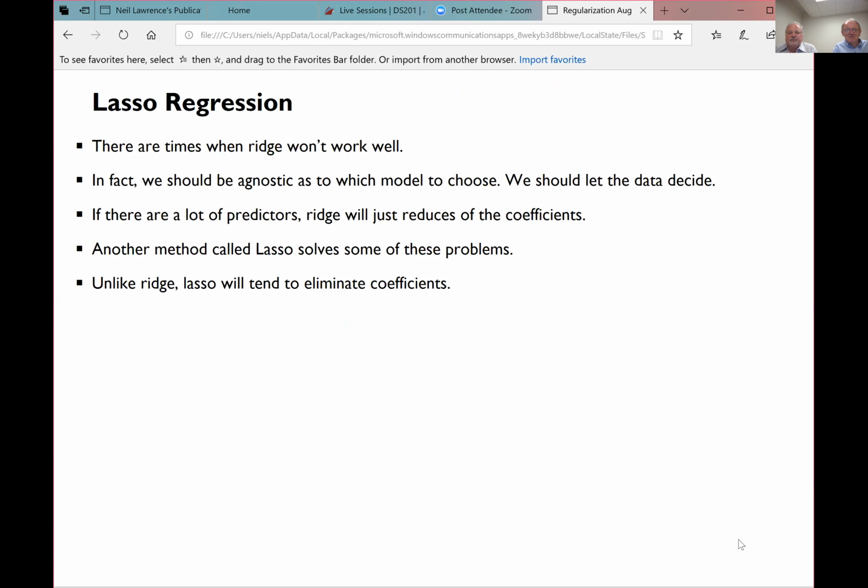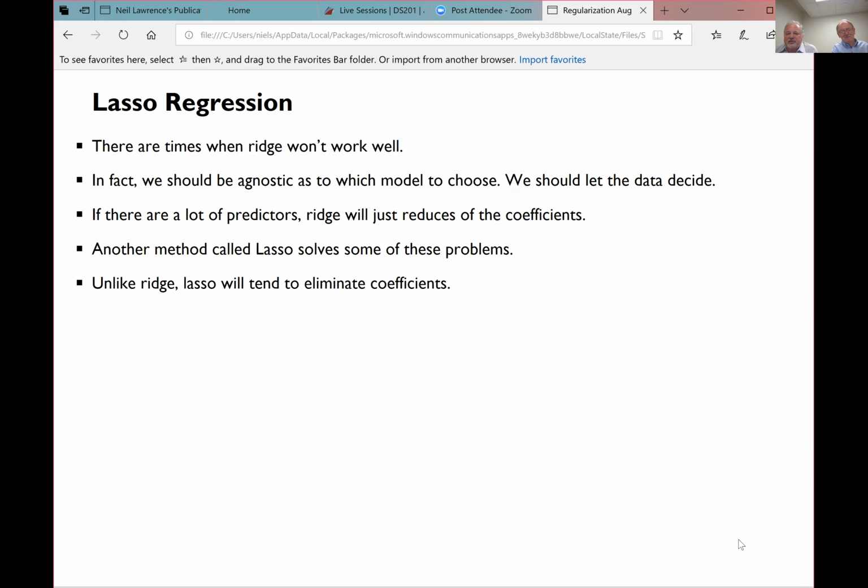I want to talk about lasso briefly too. Sometimes ridge won't be perfect. Sometimes it will. But we should always be agnostic and try to look at as many models as we can and find the best ones. One thing about ridge is it'll reduce coefficients, but it'll never really make them 0.